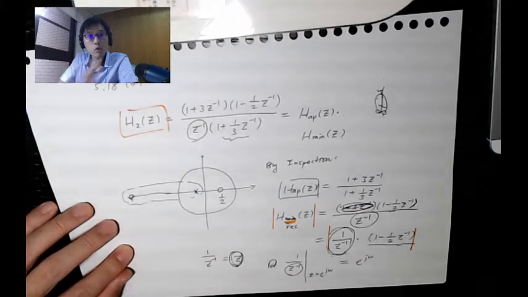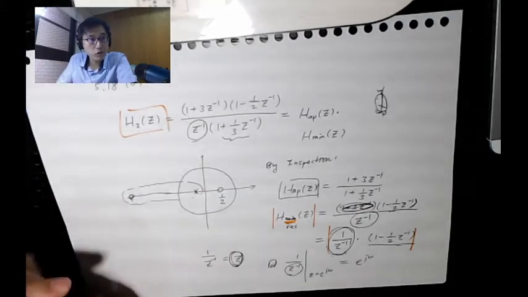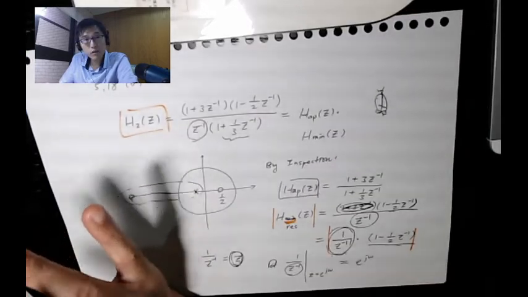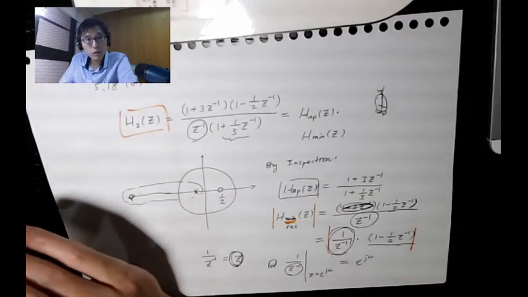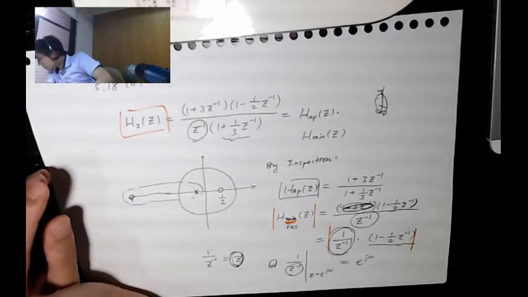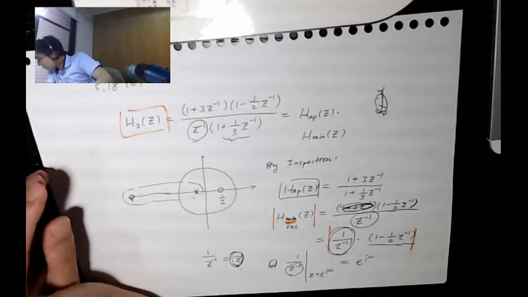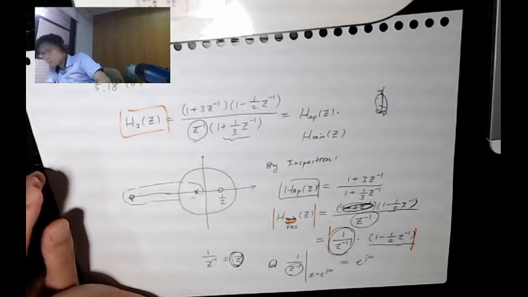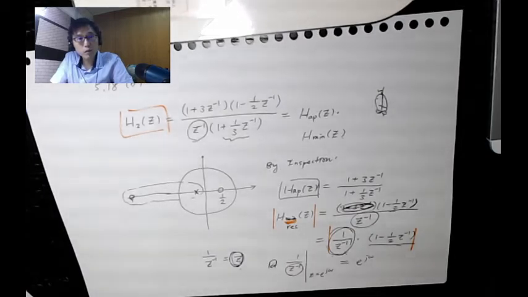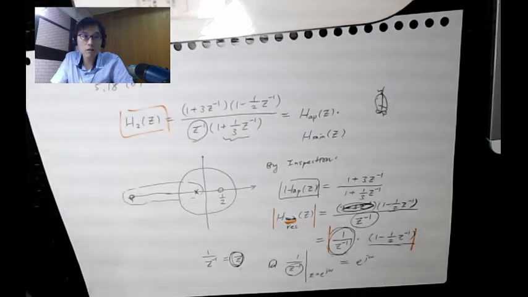If 1 over Z inverse is Z itself, what is Z? Z is one sample advance. So this system is not causal. It doesn't say anything about whether the system is causal or stable. To have a Fourier transform, the system needs to be stable, but it turns out that what we encounter here might be a non-causal system.